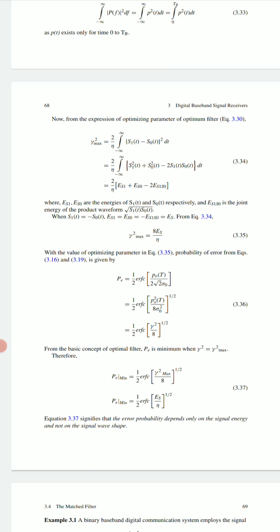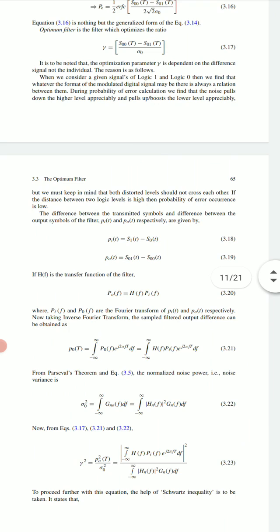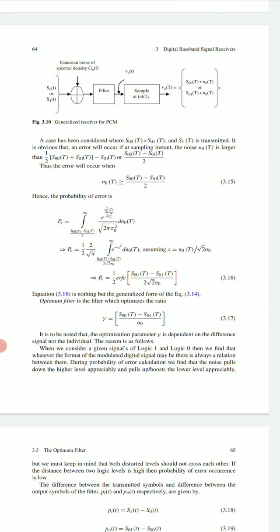So here, if you take the value of the optimizing parameter from equation 3.35, you will get the probability of error from equations 3.16 and 3.19. Here we are solving how to get the probability of error, which we have seen in the optimization filter.